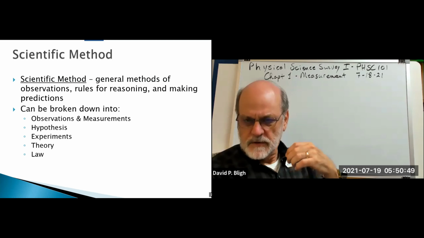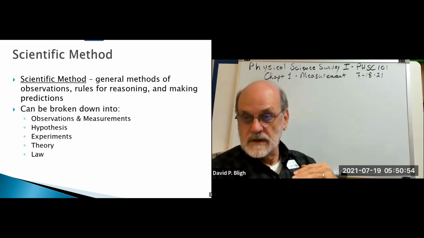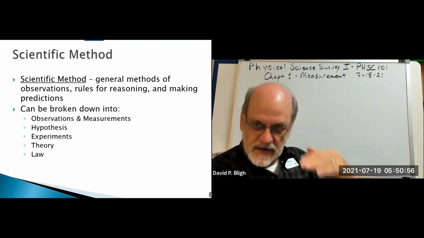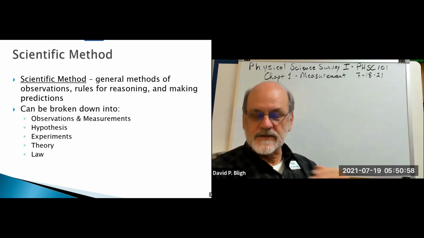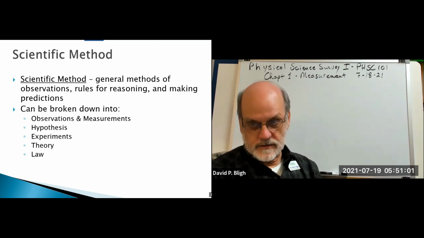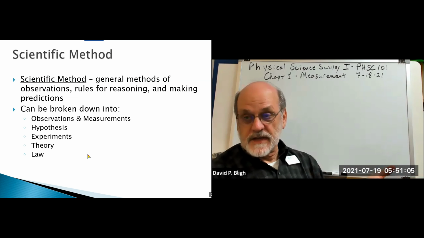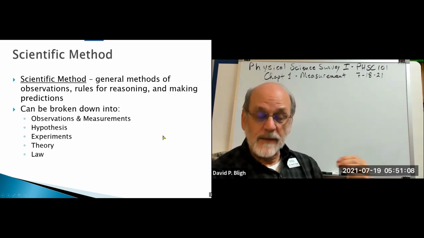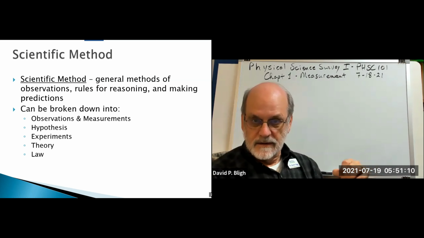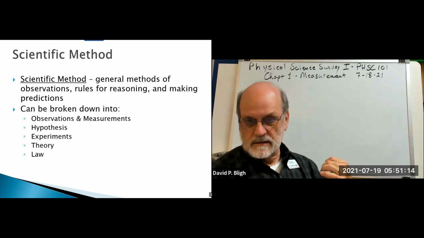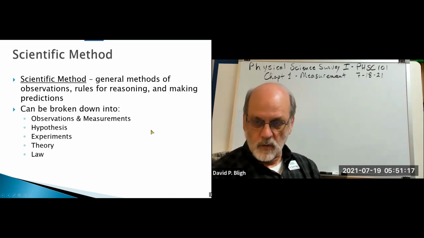But there are certain general categories and steps that you proceed through in the scientific method to obtain answers. And one way of thinking of the scientific method is that it is actually a subcategory of critical thinking. In other words, critical thinking is taking apart what you observe in the world and understanding its parts, resynthesizing them to gain an understanding.